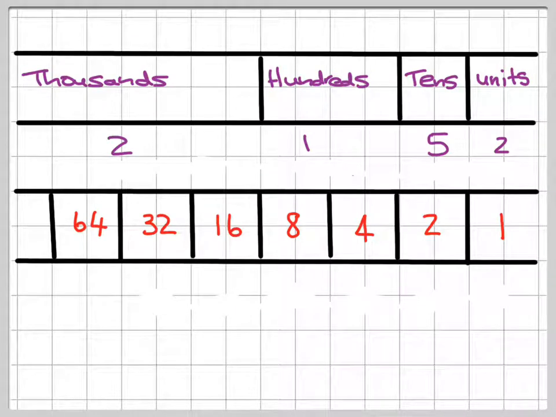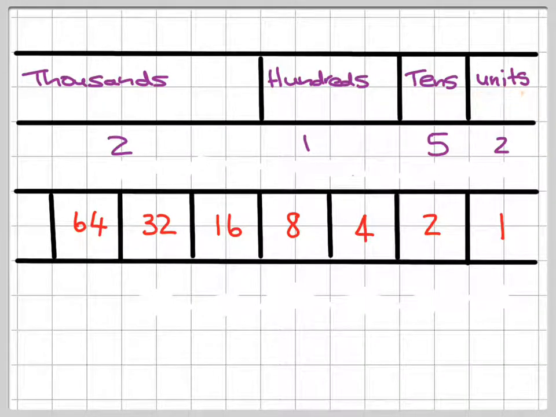So our conventional system has always used units, tens, hundreds, and thousands to display our numbers. You can see here we have 2,152. Easy stuff for you by this stage in your maths, but I just want to show you how it changes with binary.